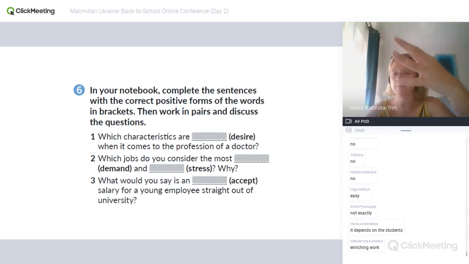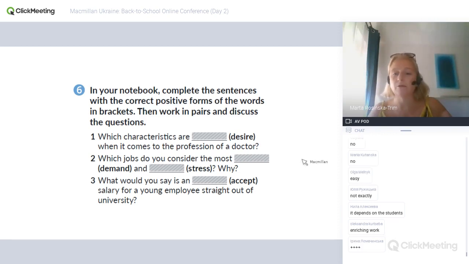So in a sense, it's double impact because they have the question, they have to create the right form, yes, and then discuss using the words that they have created. So you can imagine that the input that they get is actually doubled, if not tripled. So it's a little trick that I often use with my students, and it works.